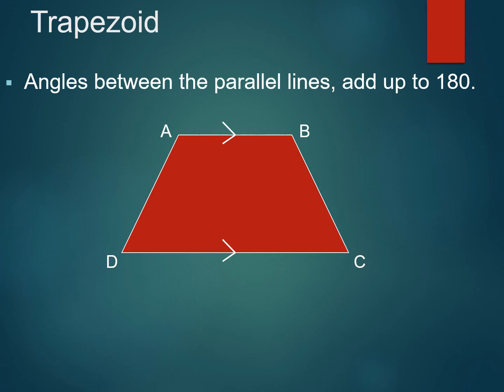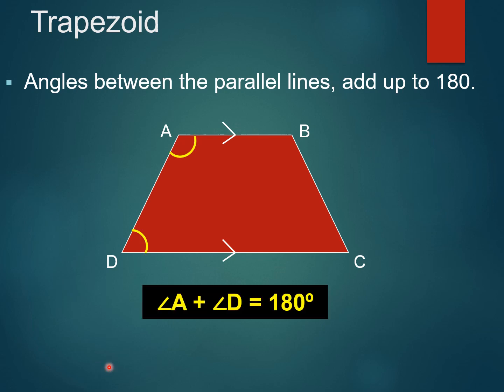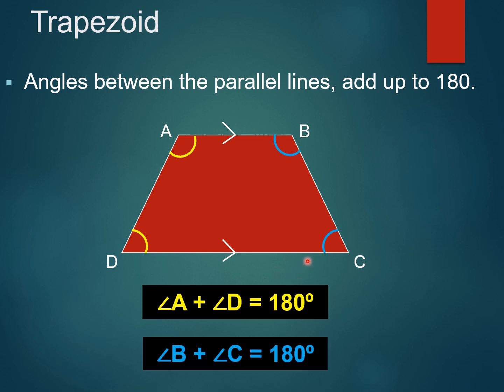Angles between the parallel lines add up to 180 degrees. So that means that angle A plus angle D is equal to 180 degrees. Also, angle B plus angle C is equal to 180 degrees. So this theorem is applicable to all types of trapezoids.